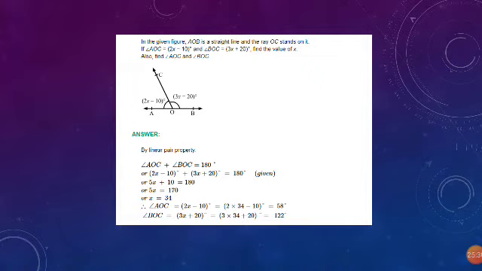Angle BOC, 3x plus 20 the whole degree. 3 into 34 is 102, plus 20 degree, we get the value 122 degree.